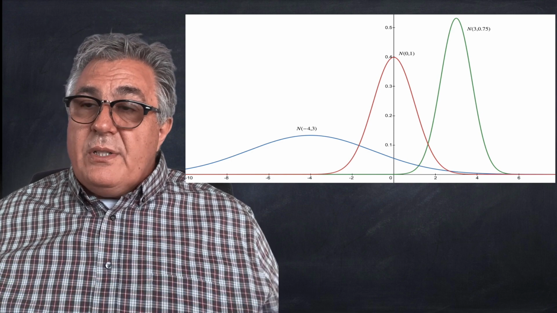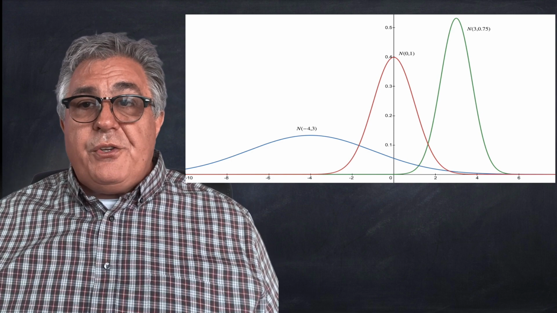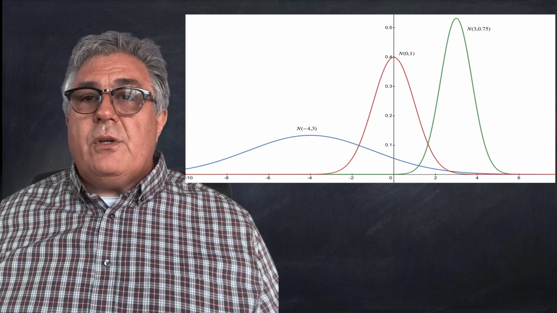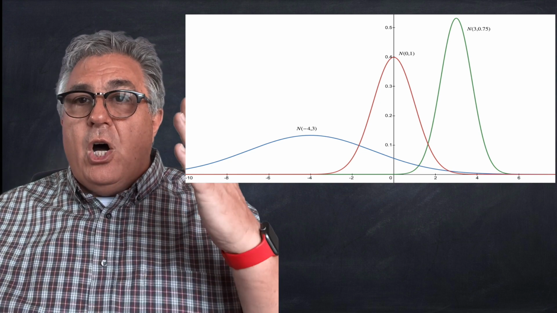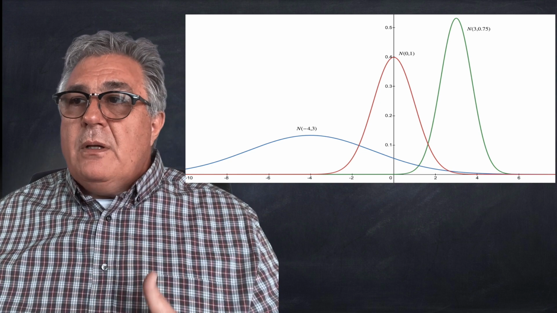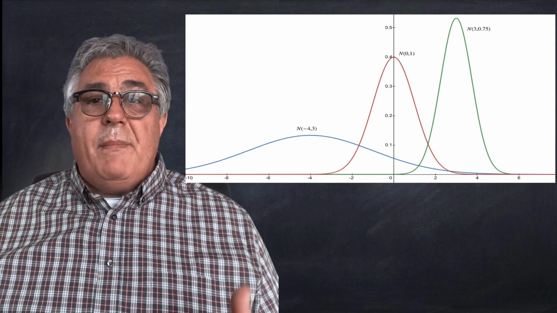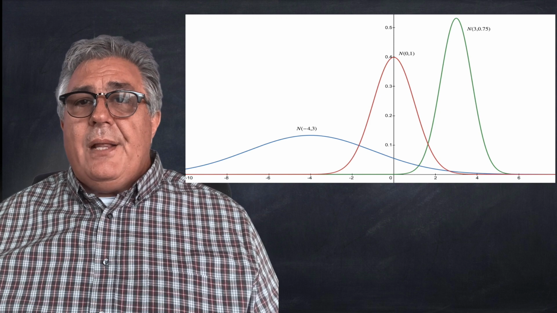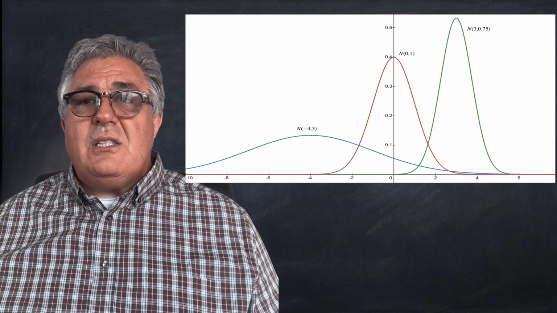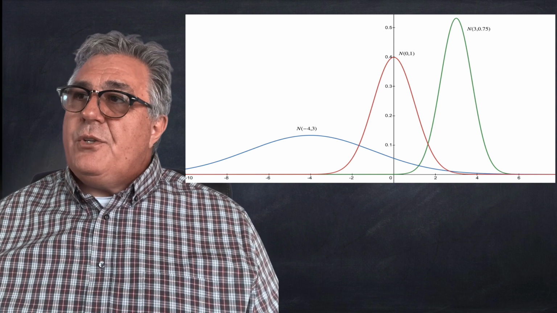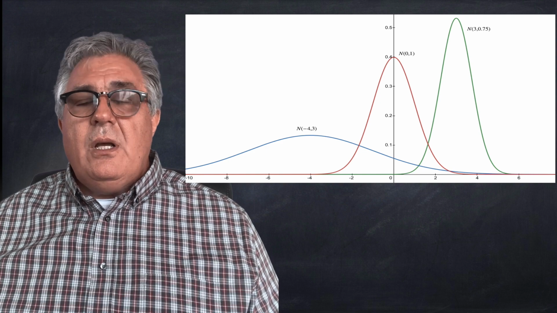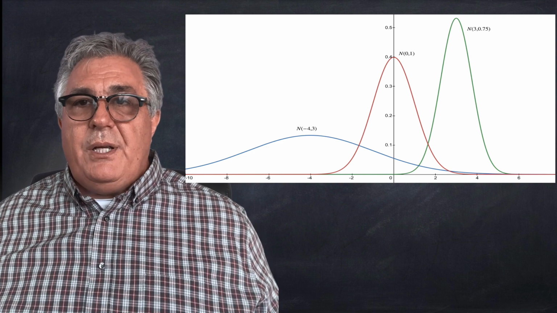So notice that the blue curve is short and wide, and the green curve is tall and narrow. So the mean is a centrality or a measure of center, and the standard deviation is a shape parameter. So the bigger the standard deviation, the wider the curve should be.